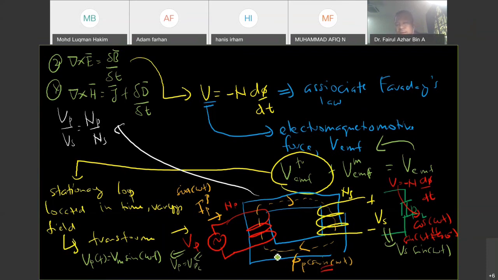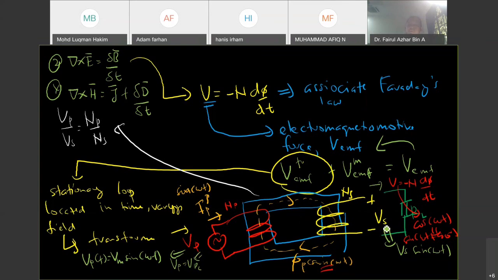Whenever the flux comes across to this winding, based on Faraday's law, the relationship between the voltage and the flux is V is equal to minus N d flux divided by dt, and because the flux is not changing, d phi over dt will be equal to 0. In that particular case, the secondary voltage inside this transformer is equal to 0.